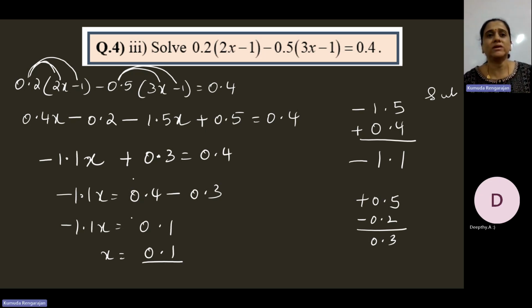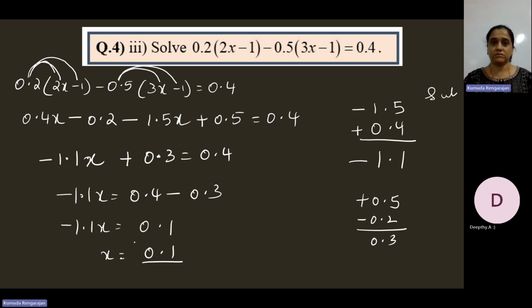You're not able to make out where 4x minus 15x is minus 11x, not 9x? Minus 11x. So you get minus 11x is equal to 1. x is equal to 1 by minus 11, or minus 1 by 11.